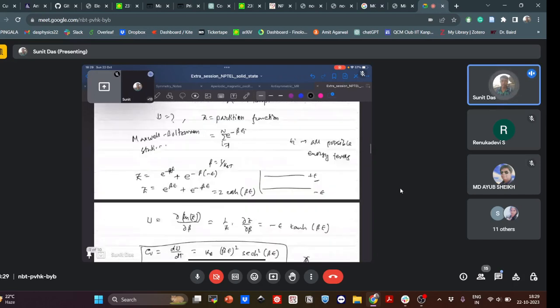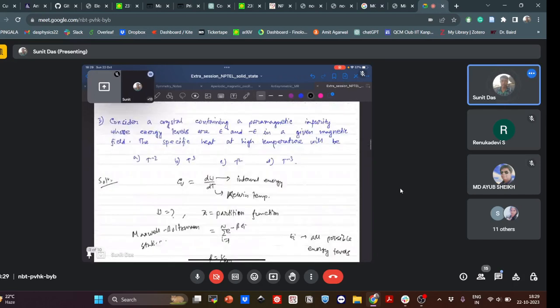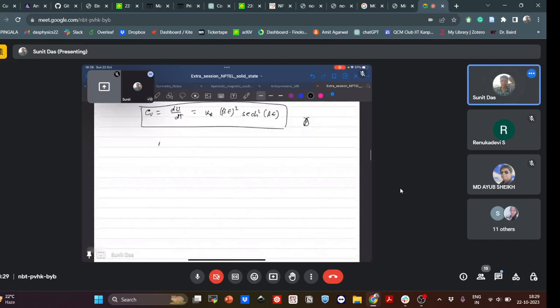Now we need to find the high temperature condition. So at high temperature, T goes to infinity, right? So then beta goes to 0.